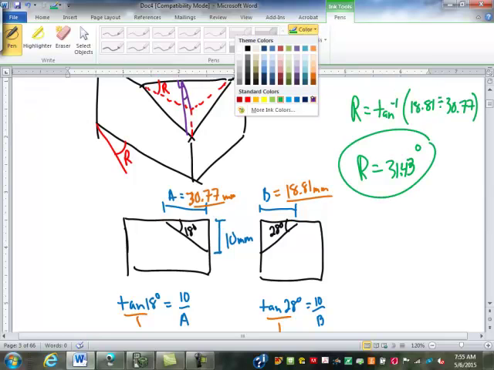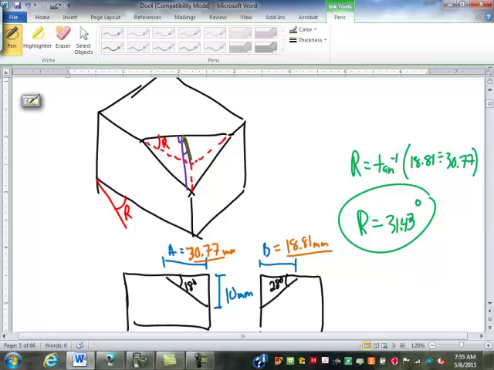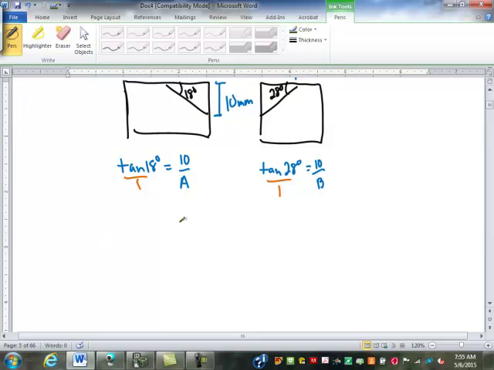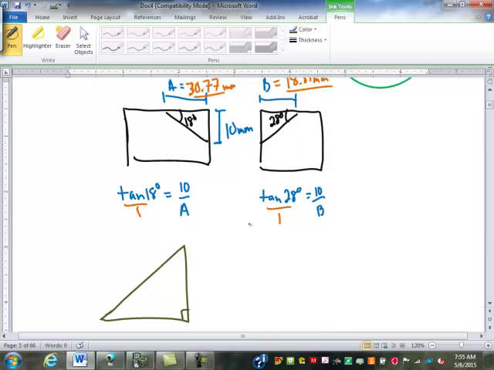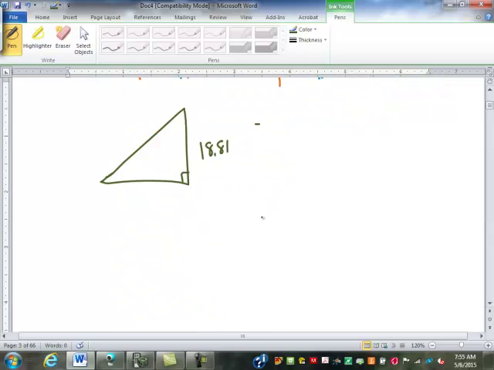Find T. What do we need to do? To find T, we need to first find this distance across here, don't we? How do we find that? We've got a triangle. This is 18.81. This is 30.77.